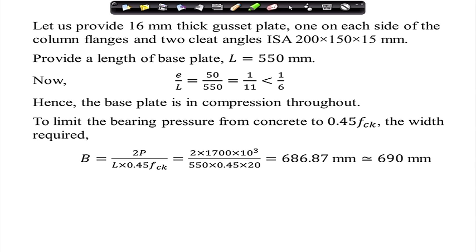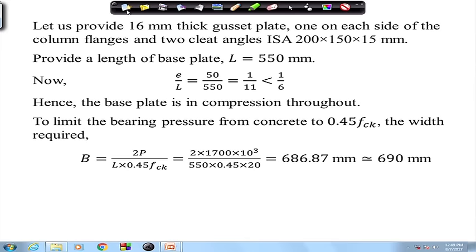Now you see that we use a 16 mm gusset plate, because the minimum thickness of gusset plate will be 16 mm. On each side we are going to provide a 16 mm gusset plate, and we are assuming two cleat angles or gusset angles as ISA 200 by 150 by 15. I told earlier that we should provide an unequal section with the larger length placed vertically.